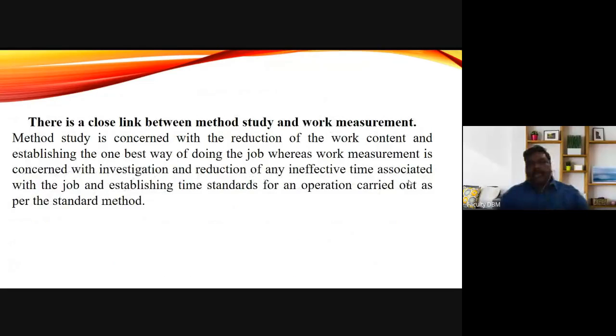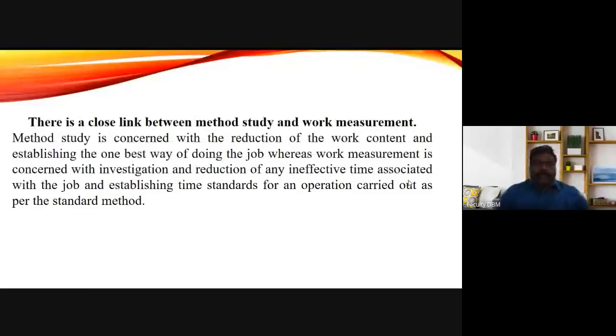There is a close link between method study and work measurement. Method study is concerned with the reduction of work content and establishing the one best way of doing the job. So the best way of doing the job is the method study, whereas work measurement is concerned with investigation and reduction of any ineffective time associated with the job and establishing the time standards of an operation carried out as per the standard method.